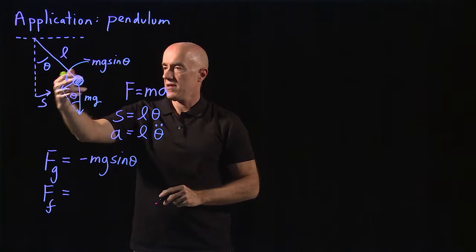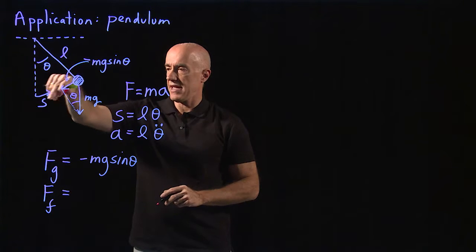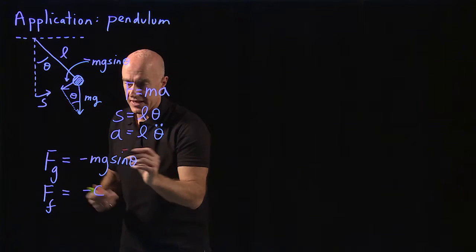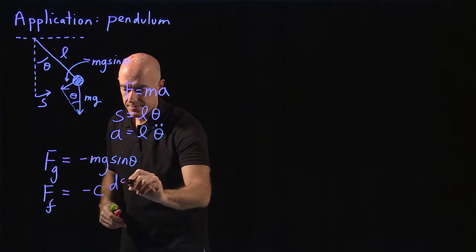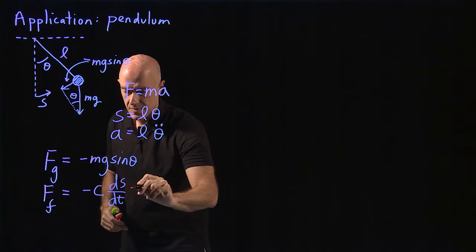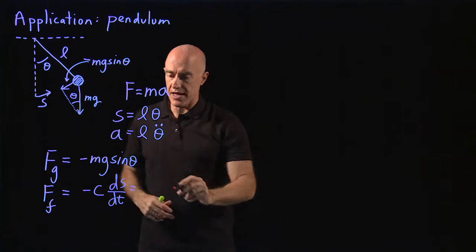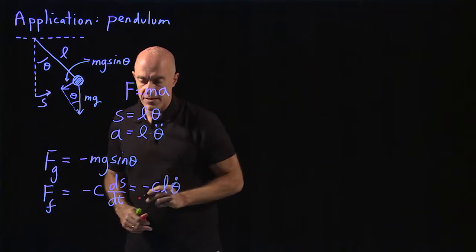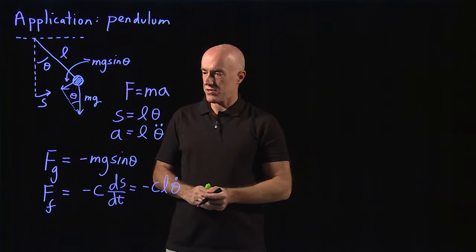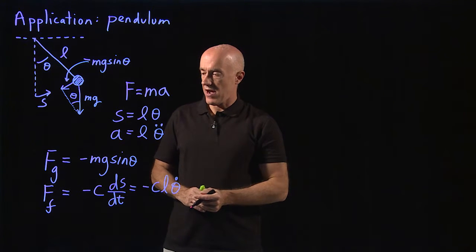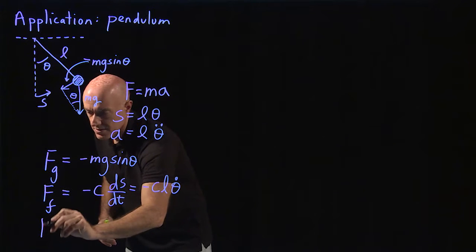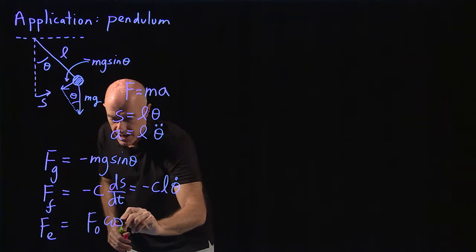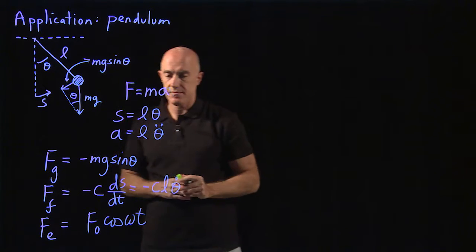So if it's moving this way, the frictional force will be negative. So it will be minus c ds dt. With S equals L theta, it will be minus c L theta dot, d theta dt. So that's the frictional force. And then finally the external force we just model as F naught times cosine omega t.